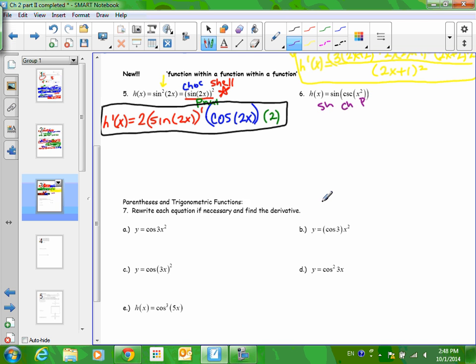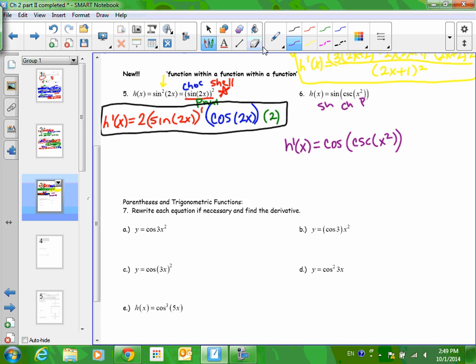So if you want to do this with another peanut M&M, do this. Or you can just crunch down on your peanut M&M, but remember how we did it the first time, whatever you want. So h prime of x, first we are going to dissolve the shell. The derivative of sine is cosine. But the chocolate and the peanut, they stay the exact same for now.